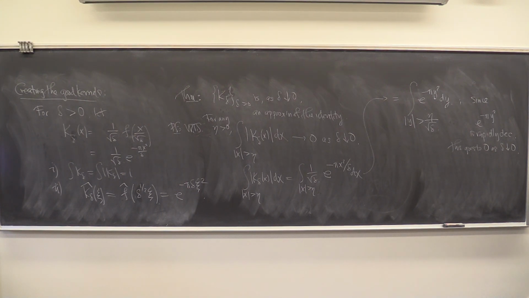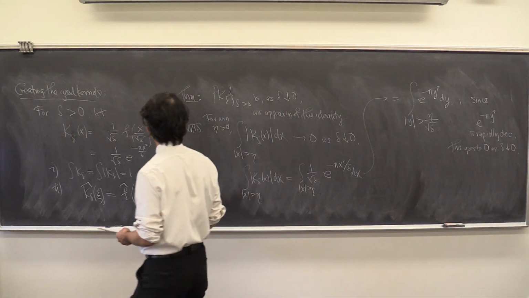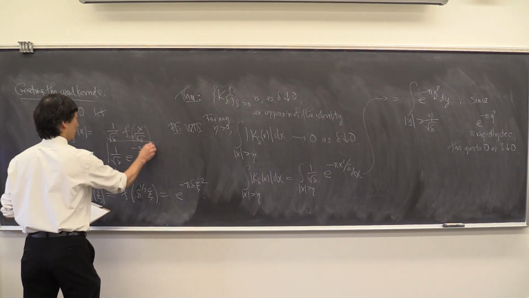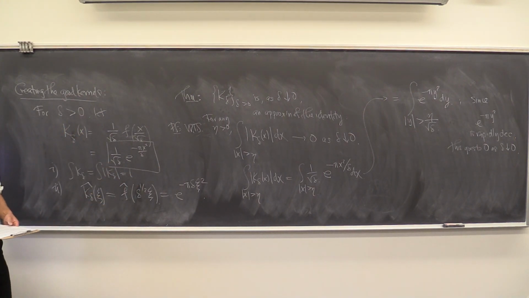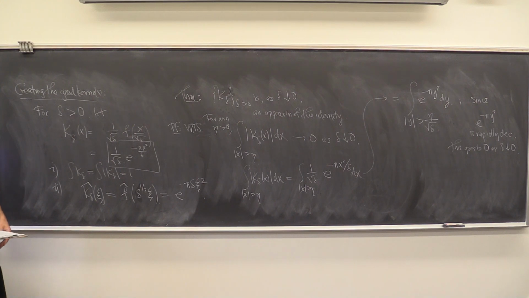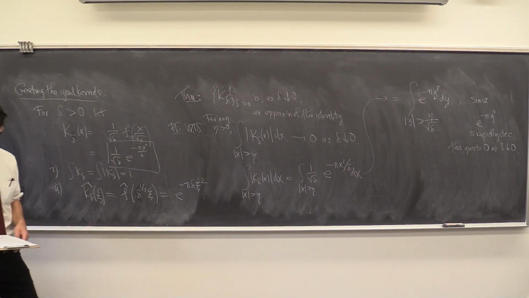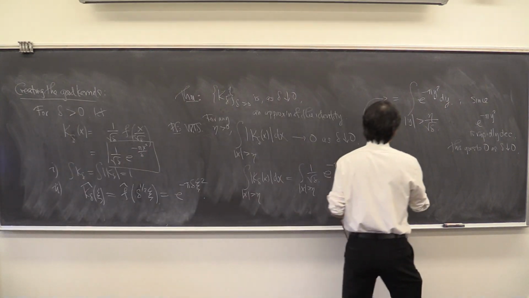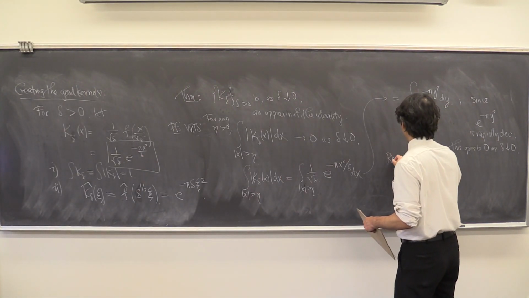Okay, so these guys actually do form an approximation of the identity. Let me just make one side comment here.